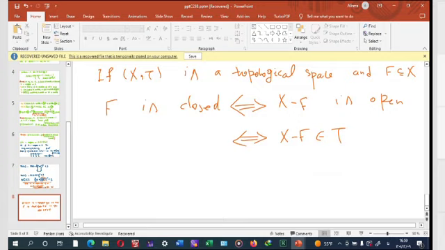A subset of X belongs to tau if and only if it is an open set.